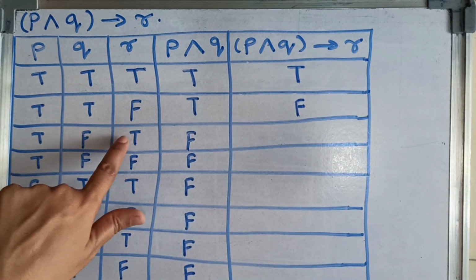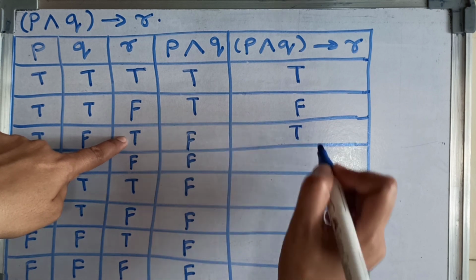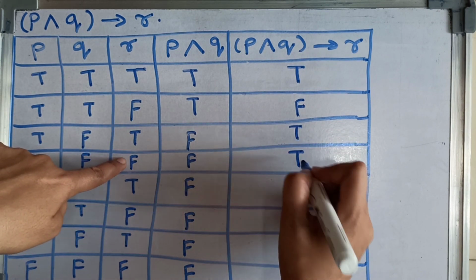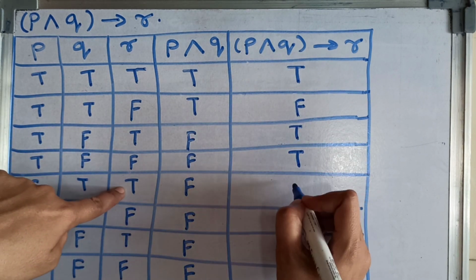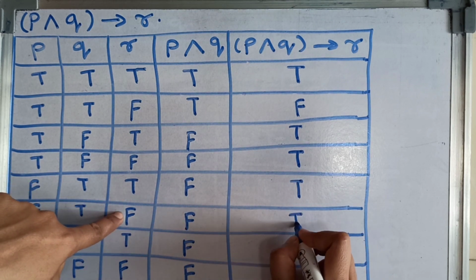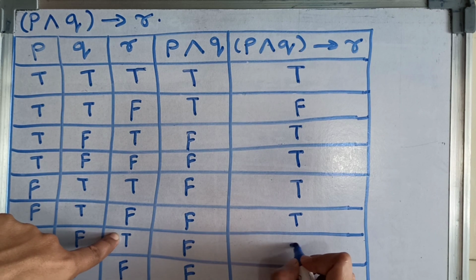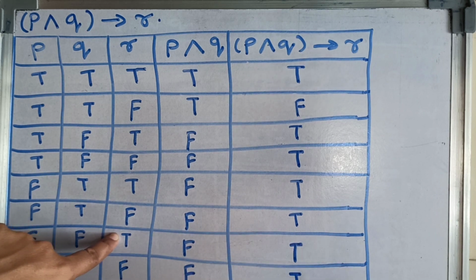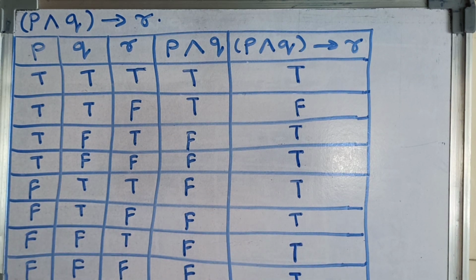Here FT, so this will be true. FF will be true. Again FT, true. FF, true. FT again true, and FF true. So this is the truth table of the given statement pattern.